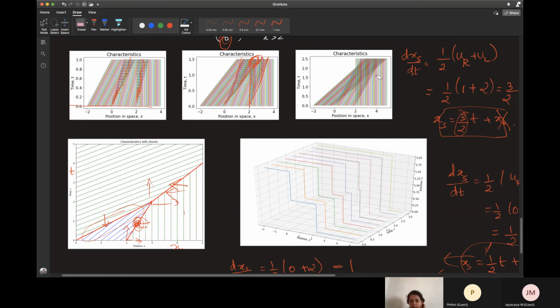This one is for time t up to 2.5. So here also, if you notice, you have an intersecting bunch and you have another intersecting bunch. They both together intersect, and you have more and more intersections.